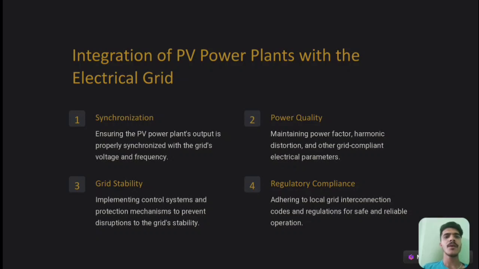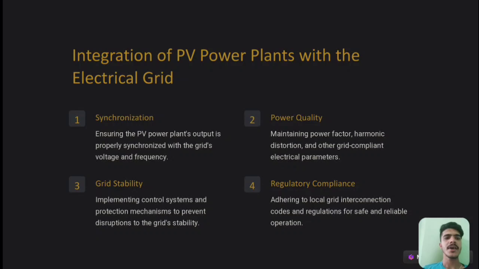Integration of PV power plants with the electrical grid. Synchronization, power quality, grid stability, regulatory compliance. First, synchronization: ensuring the PV power plant's output is properly synchronized with the grid voltage and frequency.